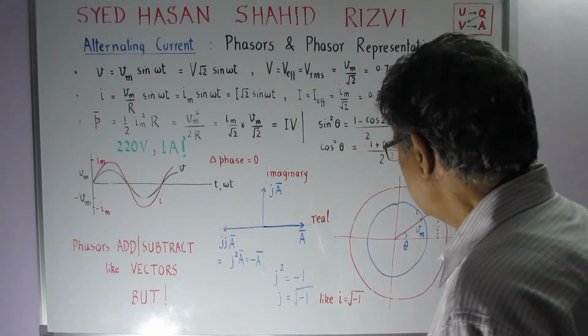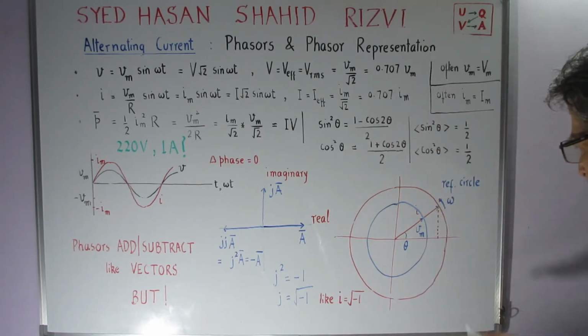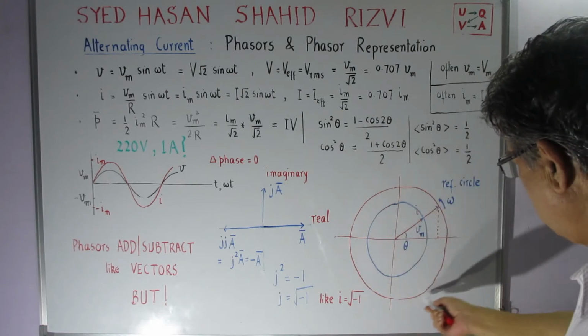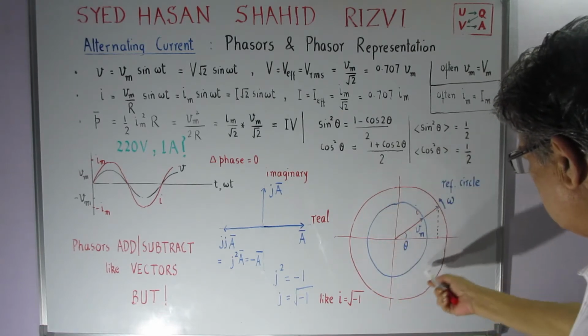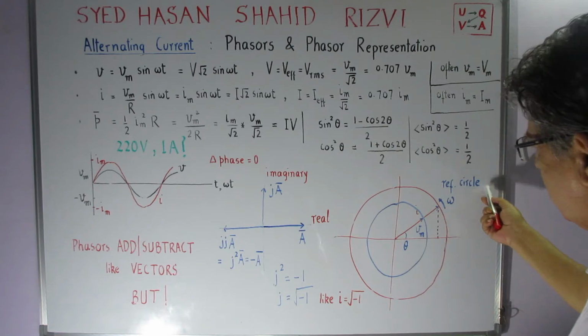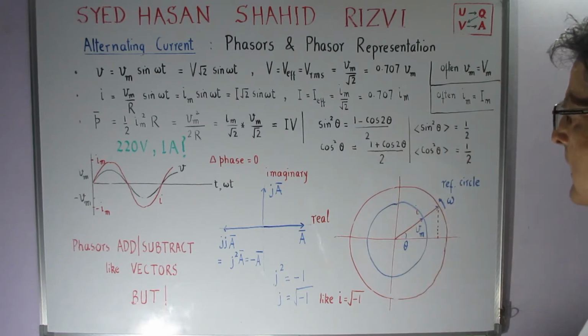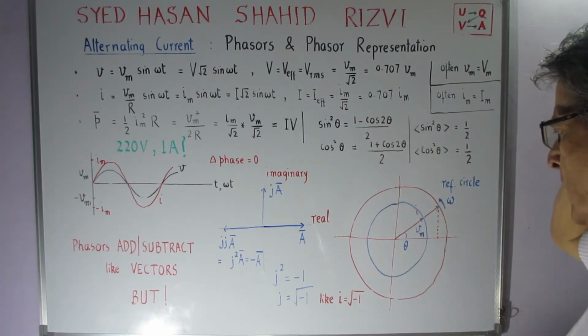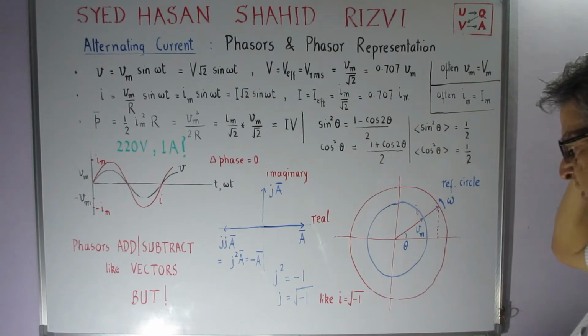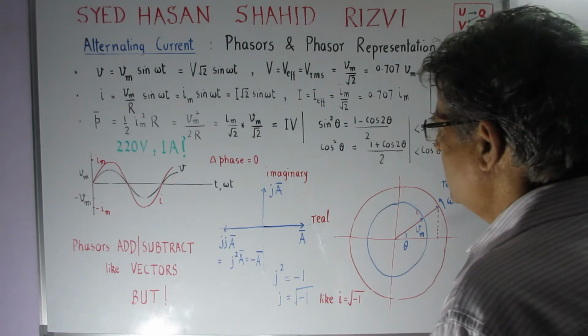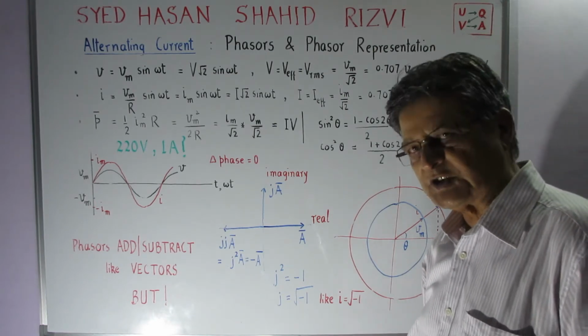But we take advantage of our knowledge and our toolbox, the reference circle, to learn the things related to capital I and capital V, etc., with the help of what we call phasors.